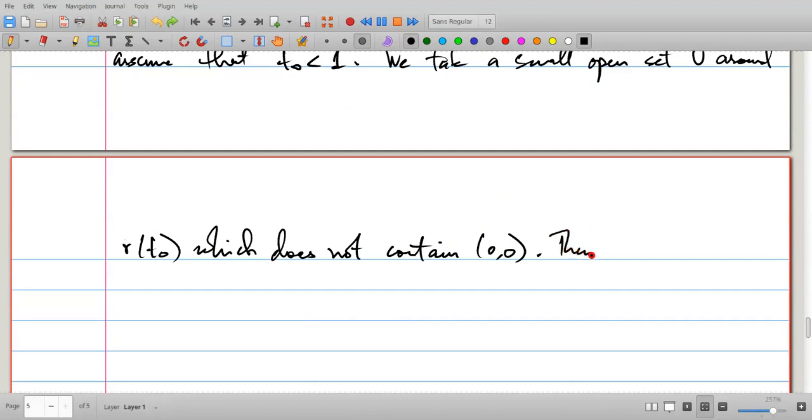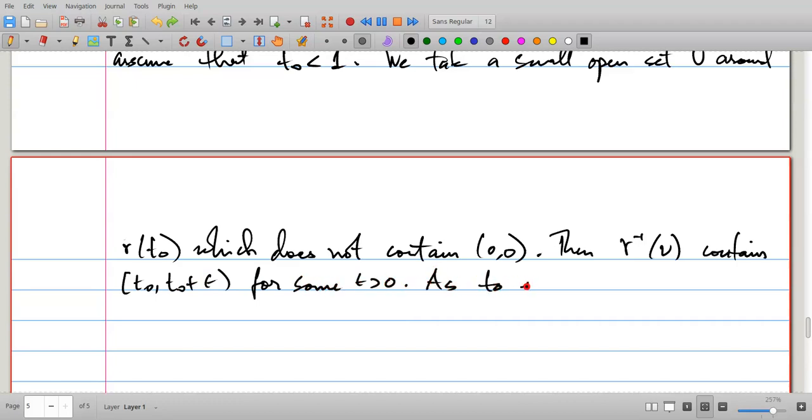So then gamma inverse U is an open subset which contains T naught, and therefore it contains a small neighborhood of T naught. So in particular it contains an interval of this type for some epsilon positive.